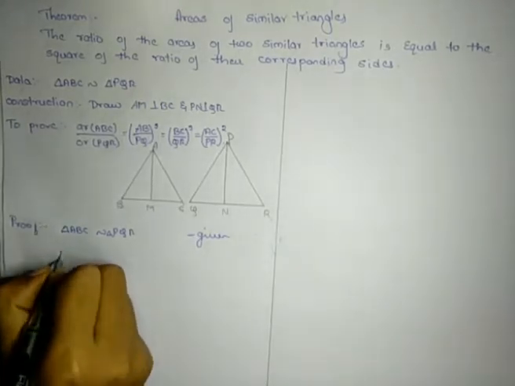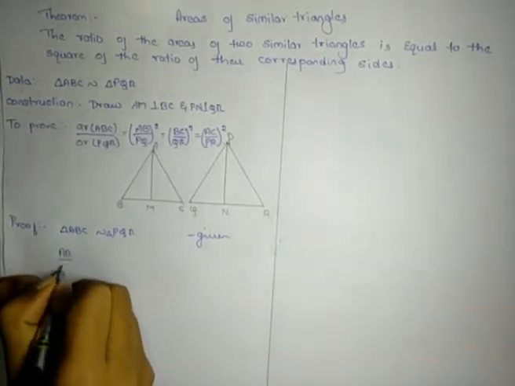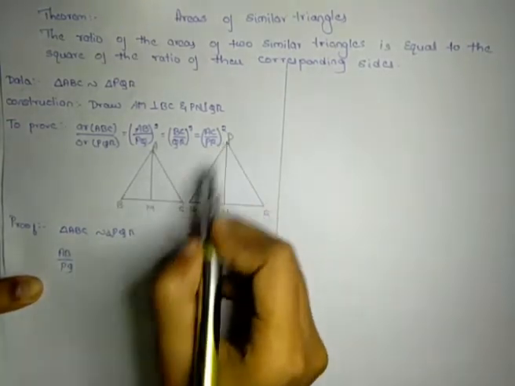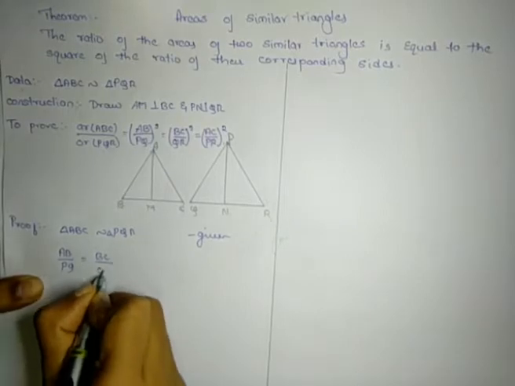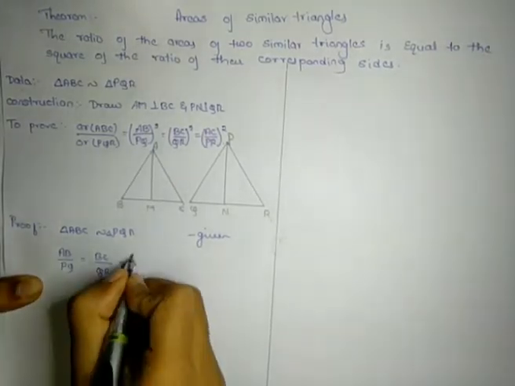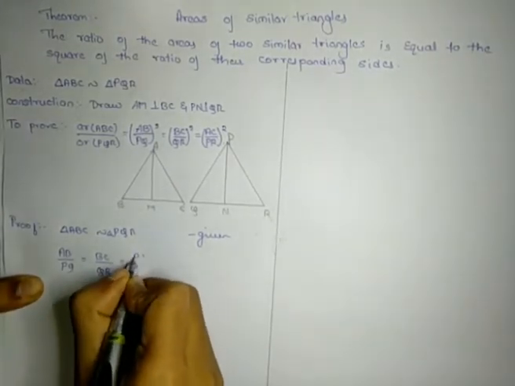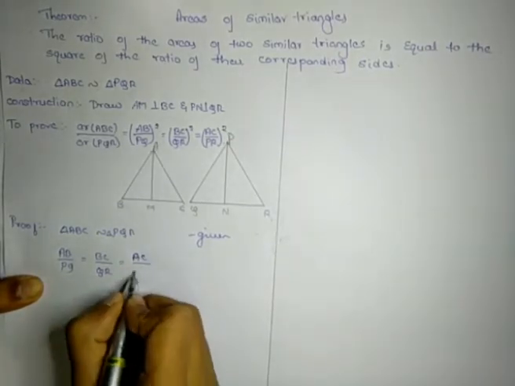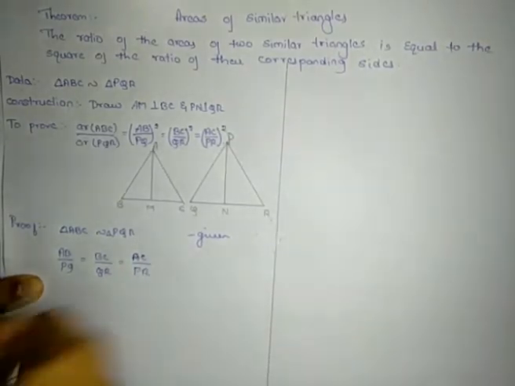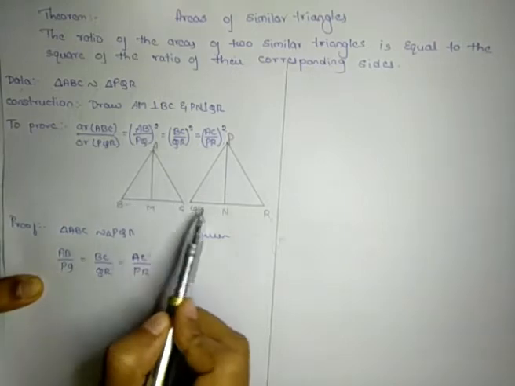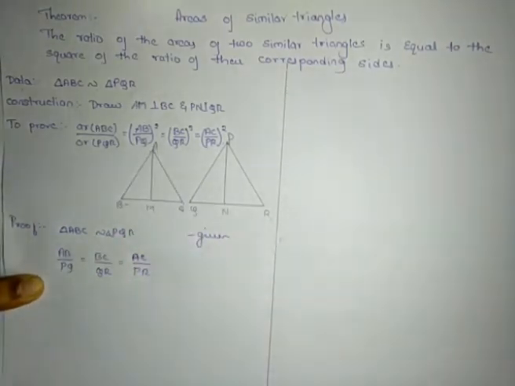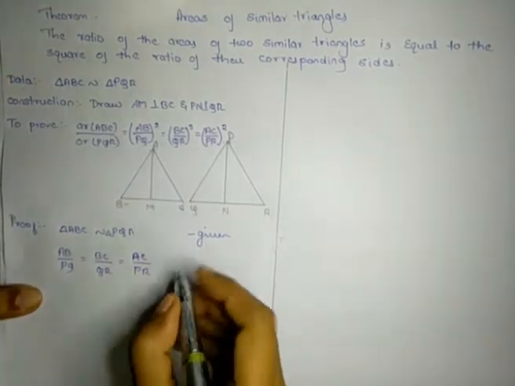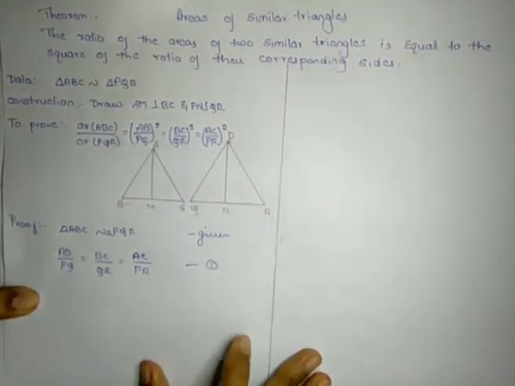So we'll write AB divided by PQ is equal to BC divided by QR, and AC divided by PR, right? Now we'll call this equation 1.